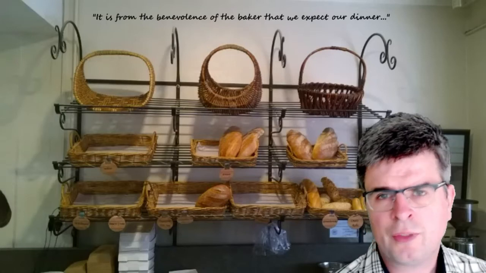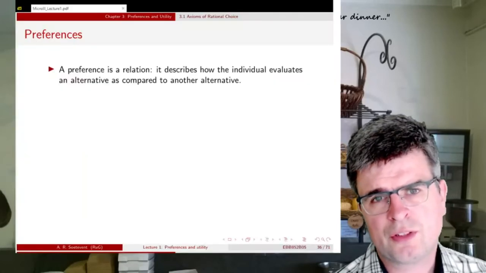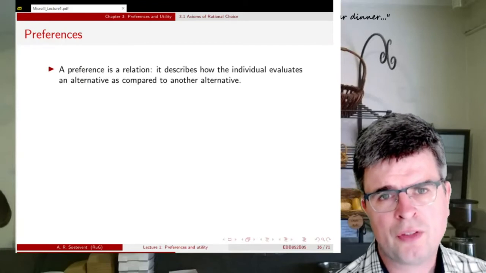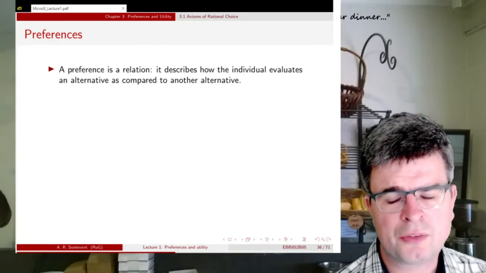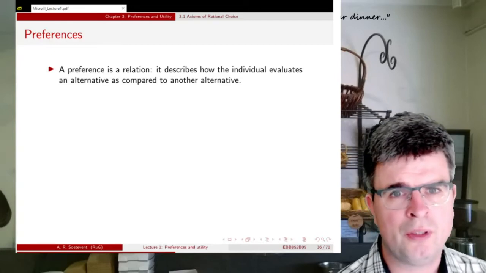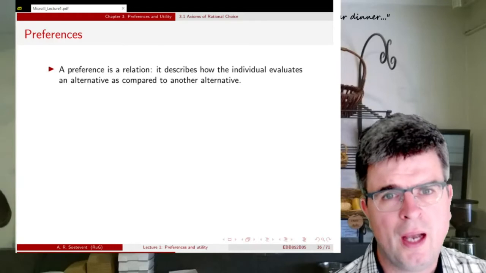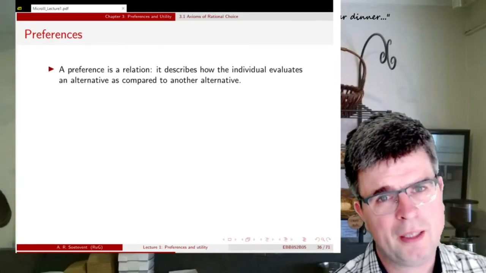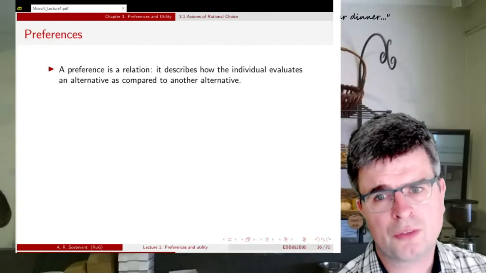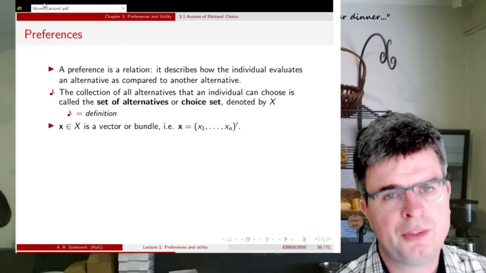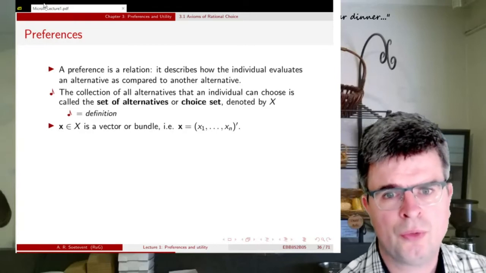And chapter 3 discusses preferences and utility functions. A preference is simply a relation that describes how the individual evaluates one alternative over the other. In practice, he can compare many pairs of alternatives, and all these alternatives come from something that we call the individual's choice set, or the set of alternatives.